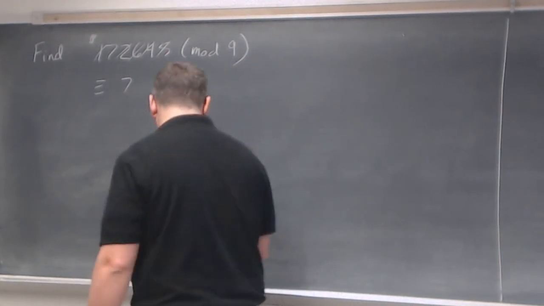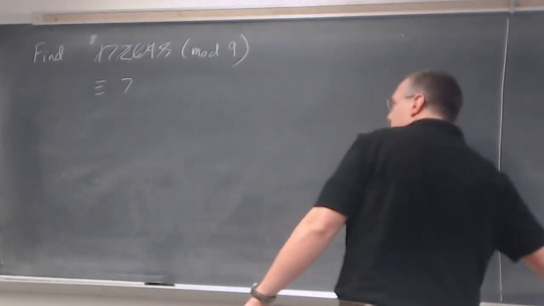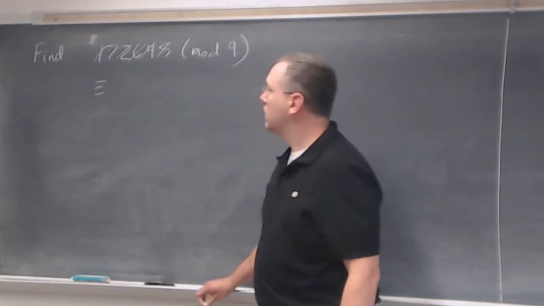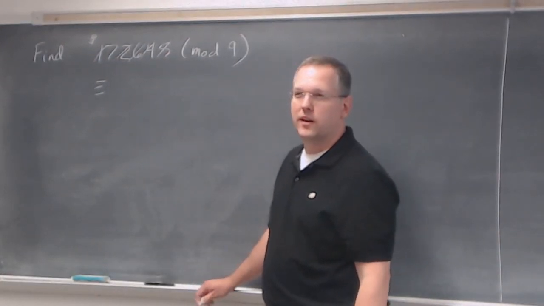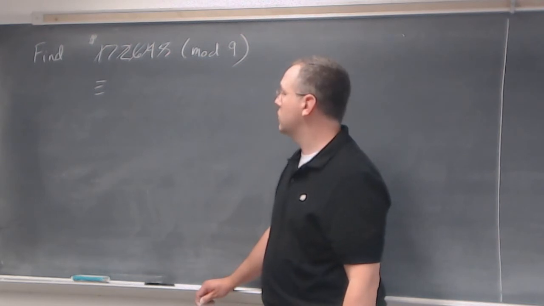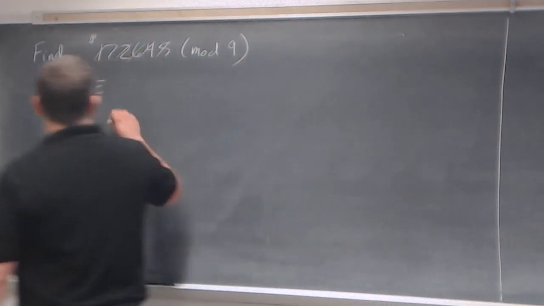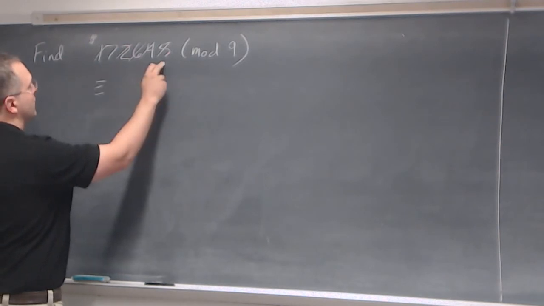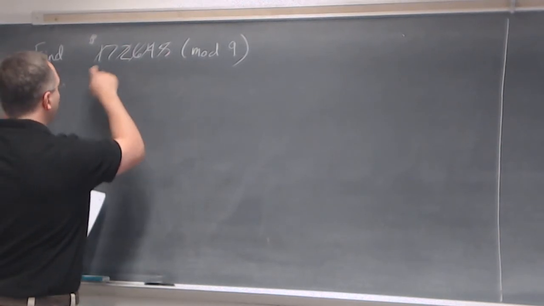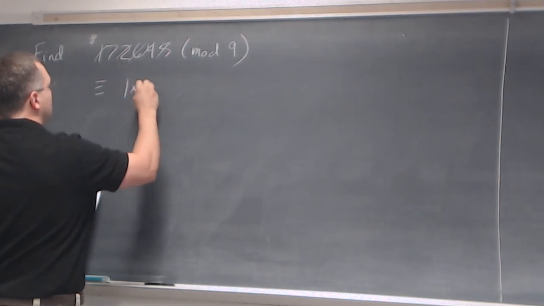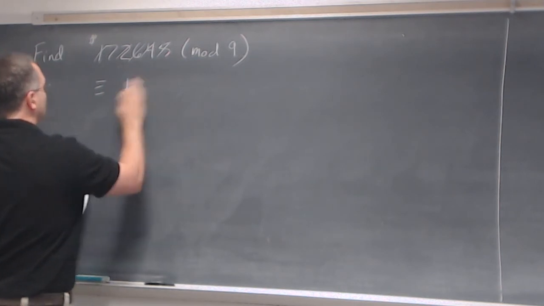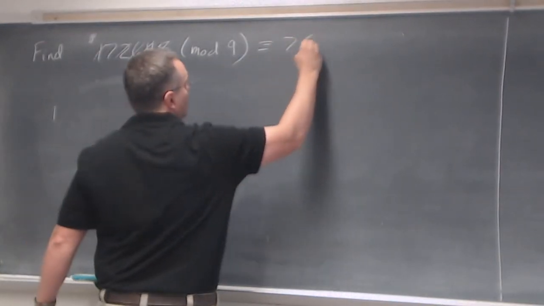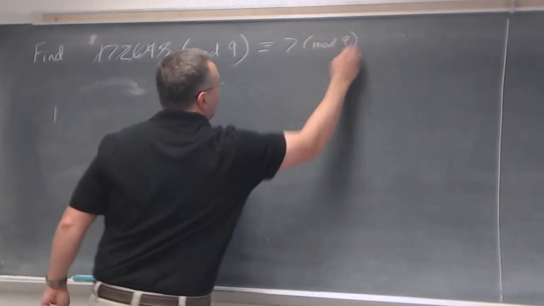So why is this true? You ever thought about that? Why is it that if the number's digits are divisible by 9, the number is also divisible by 9? So let's break this down, each digit. So this is 7 mod 9.